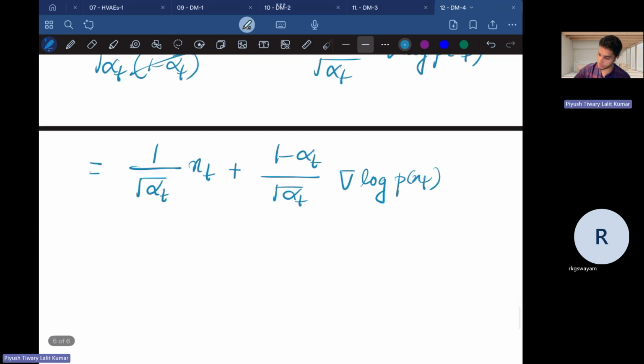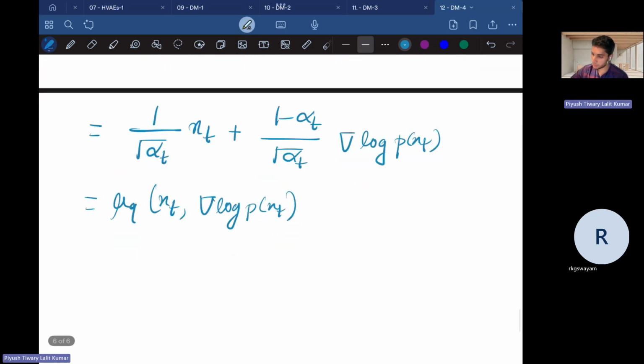Now this is equal to your mu q of xt comma grad log p of xt. This is what your new mu q is. So now this time your mu q is a function of xt and this score function itself.